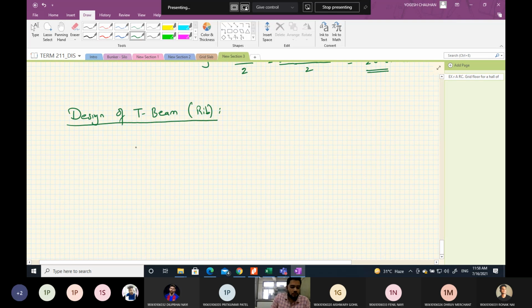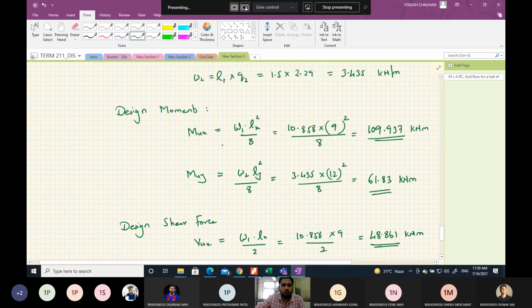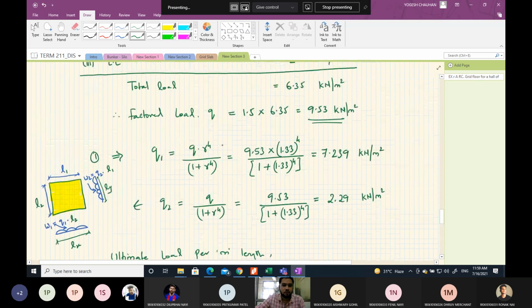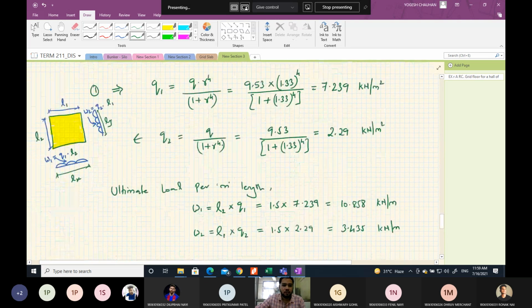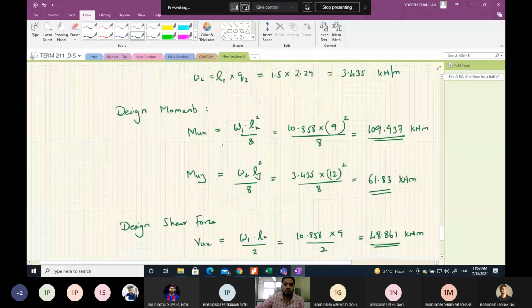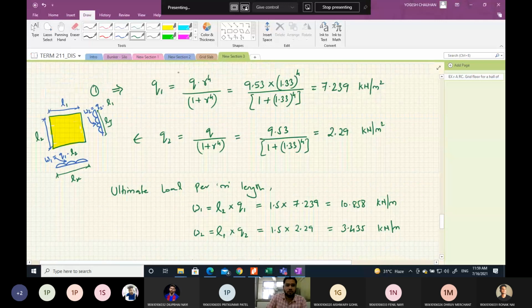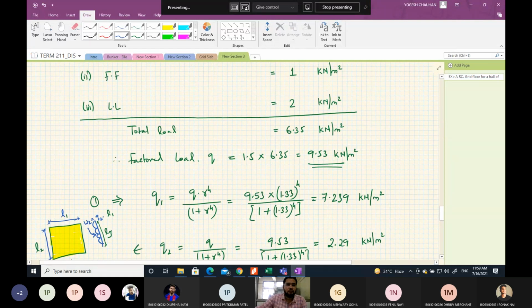So everything will be same as our first example we have done. Only change is this value. The values obtained in this step will be changed.